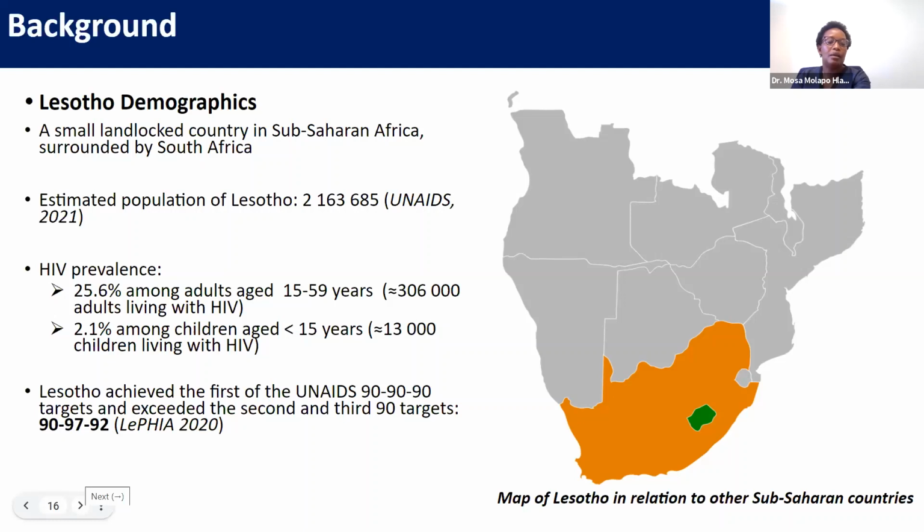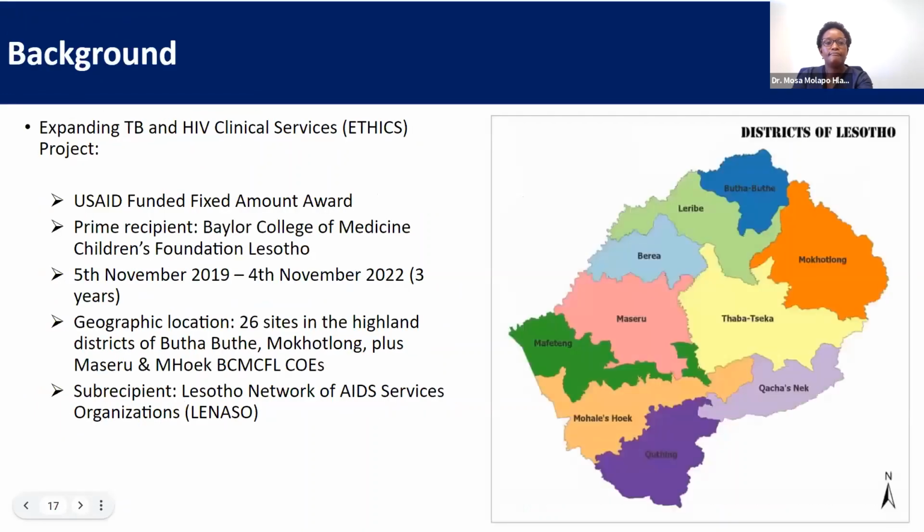The results revealed that we were one of the first countries to reach the UNAIDS 90-90-90 targets, as we exceeded the second. We met the first at 90, but we also exceeded the second and third targets, so 90, 97, and 92. So as a country, we are said to have reached epidemic control based on these results.